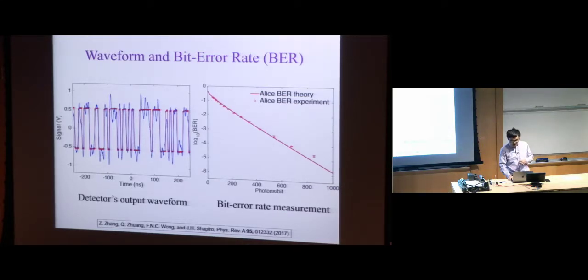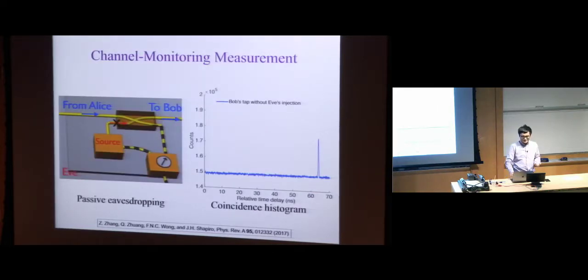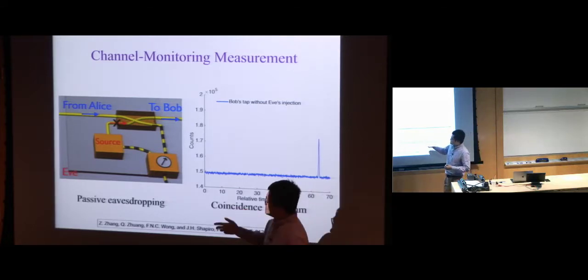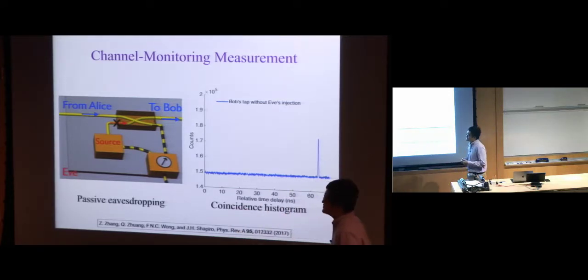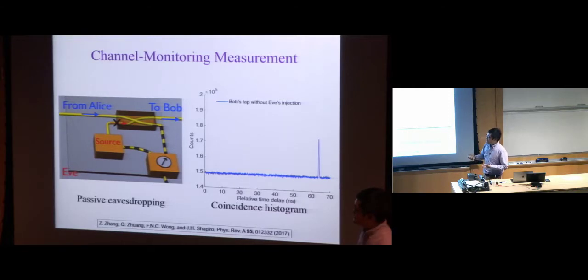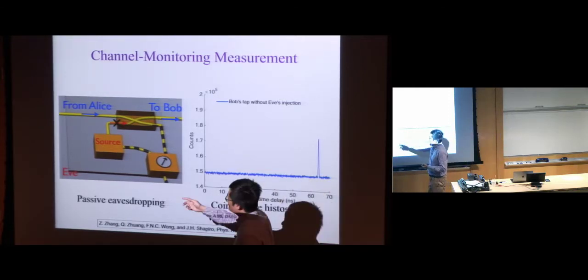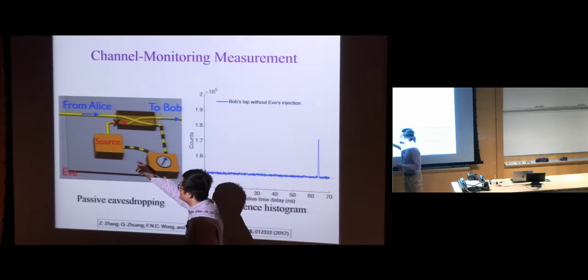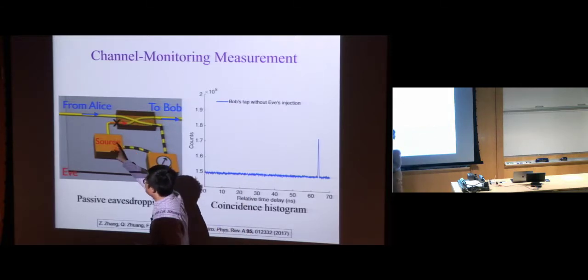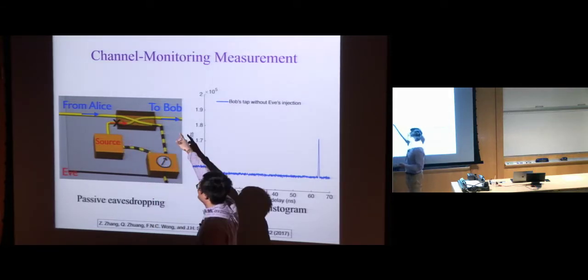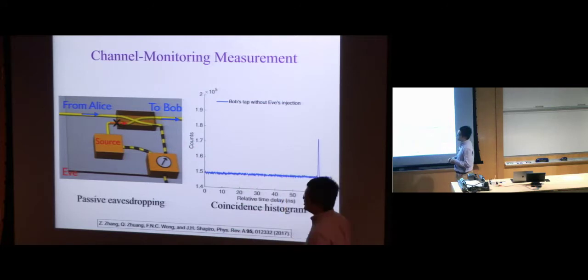Now let's come back to this intrusion monitoring. How would Alice and Bob know that somebody is actually intruding? The way, as I introduced, is that they perform this coincidence measurement. In our experiment, we emulated an Eve, and Eve is trying to inject her own light into Bob's terminal, trying to decode Bob's message.